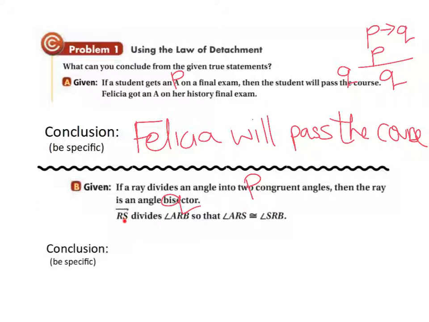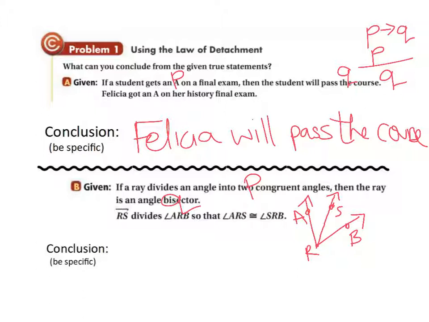So right here it says ray RS divides this angle. Oh, okay. I'm going to sketch a picture, but that seems like that's going to be right. RS divides angle ARB. So this is ARB, and RS is a ray that divides so that ARS and SRB are congruent. All right, that's dead on what I want.